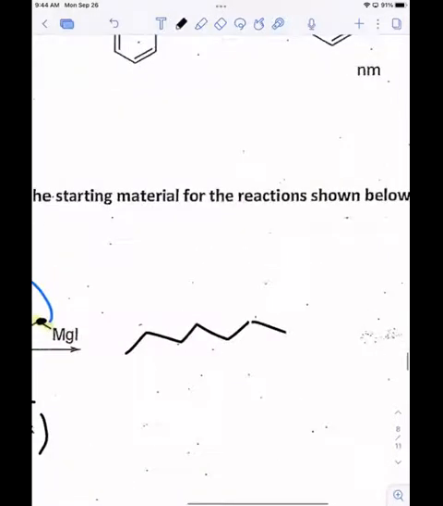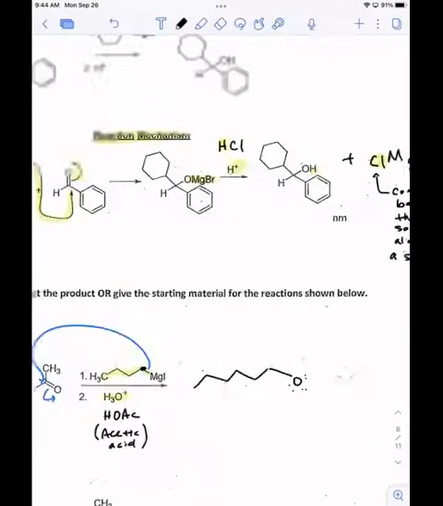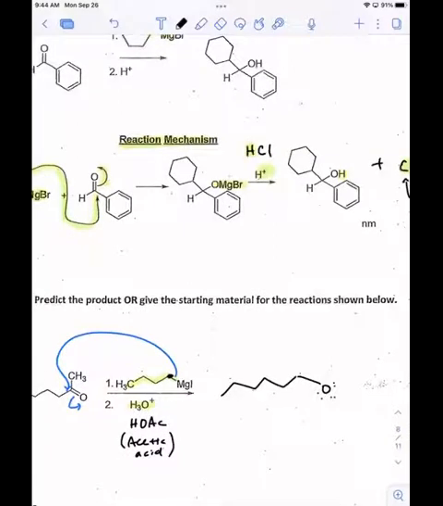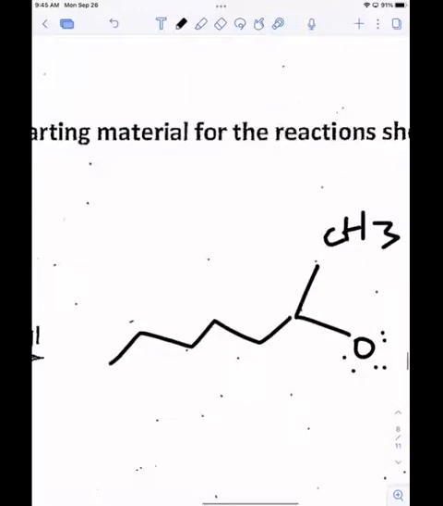So then my intermediate, and I'll advise you to actually write out the intermediate every time, it's going to look like this, right? Where I have a CH3, and then I have a 4 carbon chain.